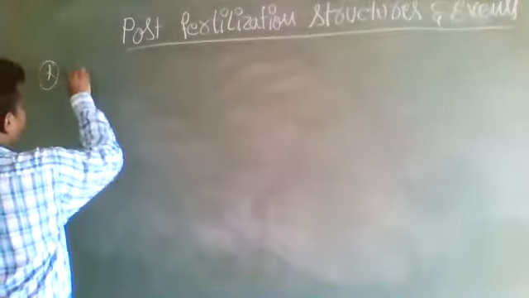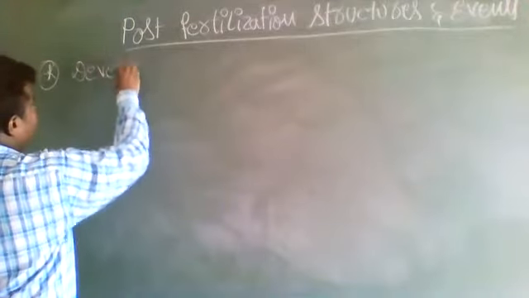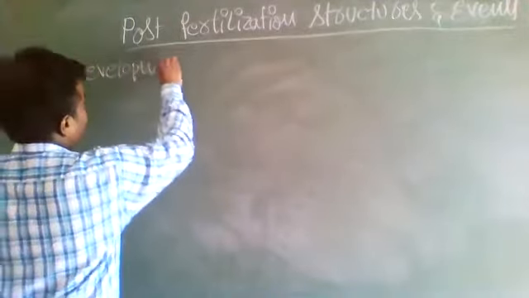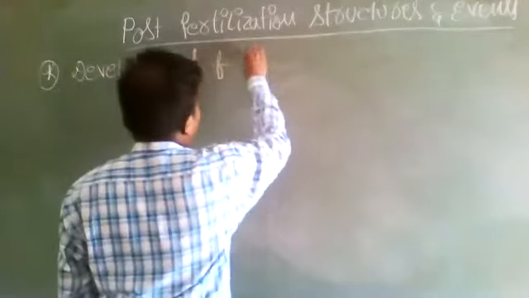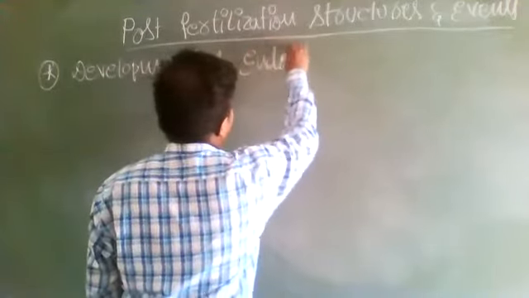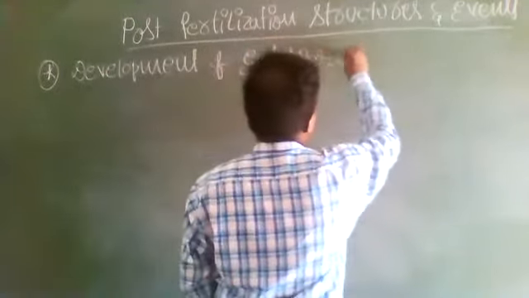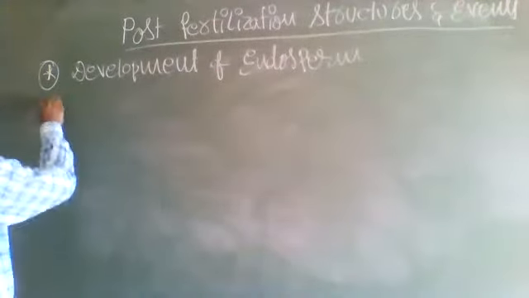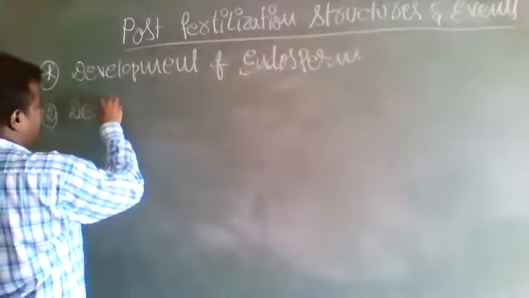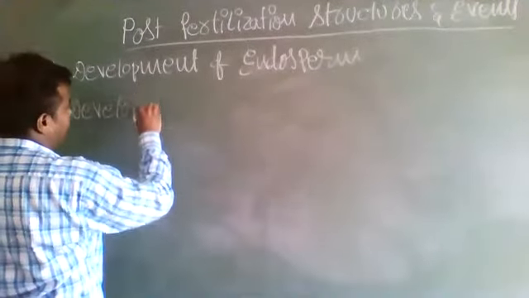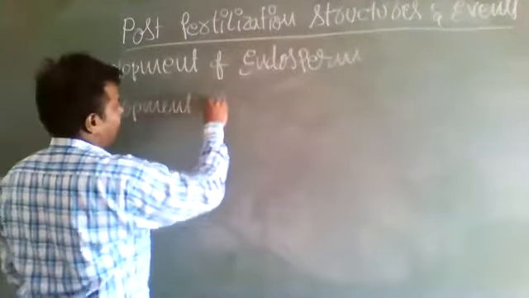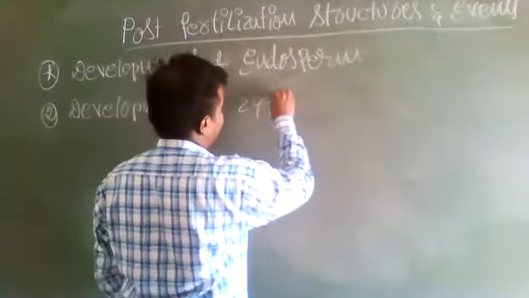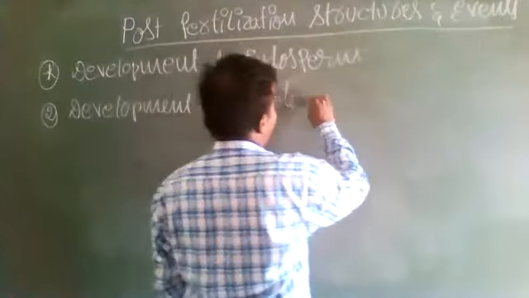The first one is development of endosperm. The second one is development of zygote till the formation of seeds.